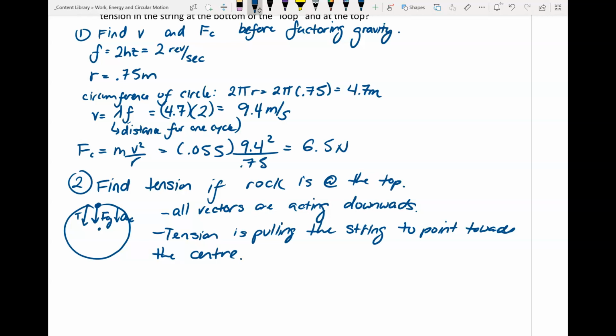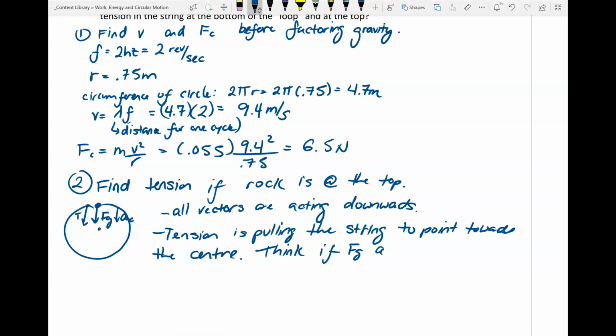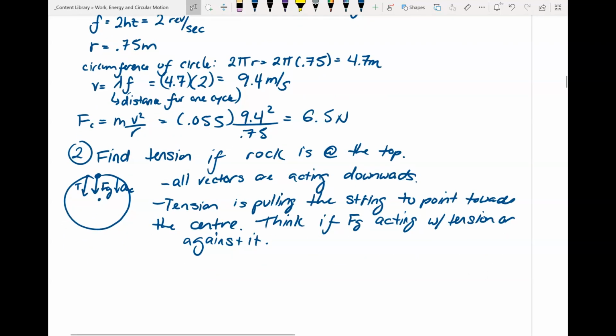And then we want to think if FG is acting with the tension or against it. In this case, FG is acting with our tension because it's going downwards.